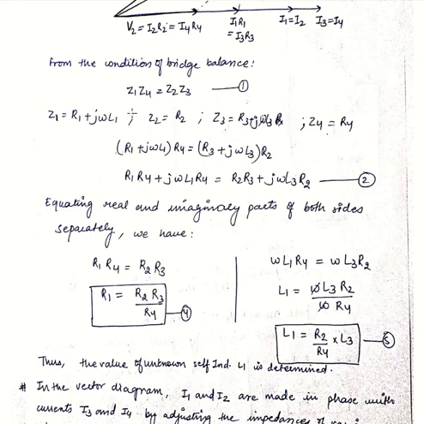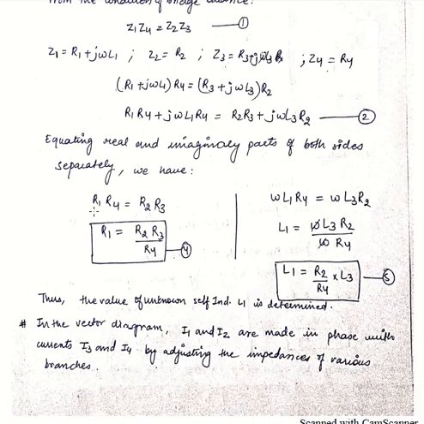By putting all these in the equation, we get R1 R4 plus j omega L1 R4 equals R2 R3 plus j omega L3 R2. By equating the real part and imaginary part separately, for the real part we have R1 R4 equals R2 R3. So our unknown R1 equals R2 R3 by R4.